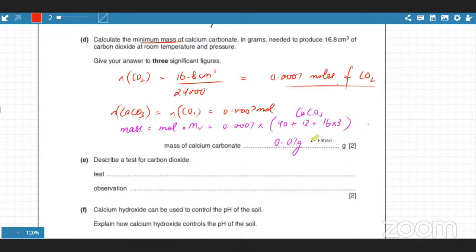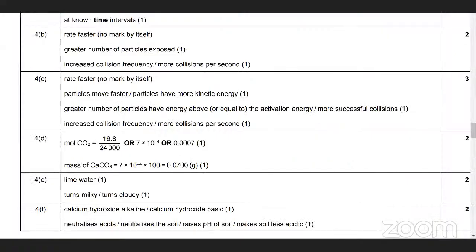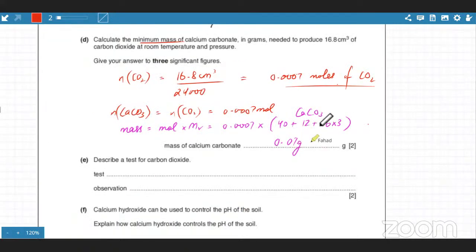So let's also quickly check our answer. It's 0.07 grams. Now, one mistake that I've made over here is that you must write answers to three significant figures. This one is written incorrectly. It should have been 0.07 grams. Now, this is one significant figure.